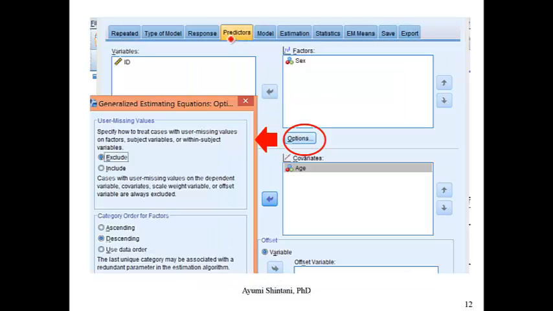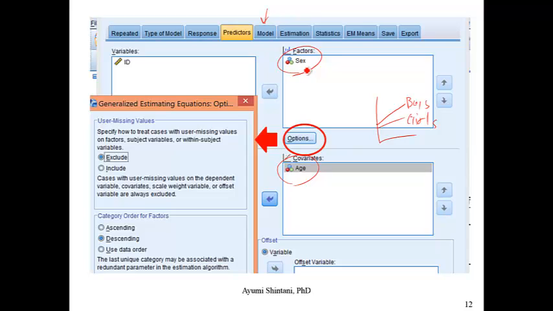In predictors, we are going to analyze difference in rate of change between boys and girls. So we do need sex, and we need age, and we specify interaction under the next box.